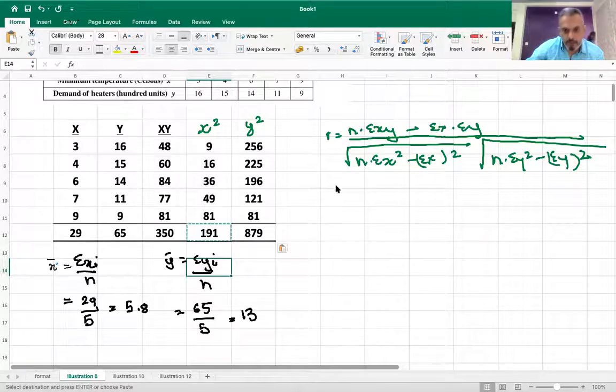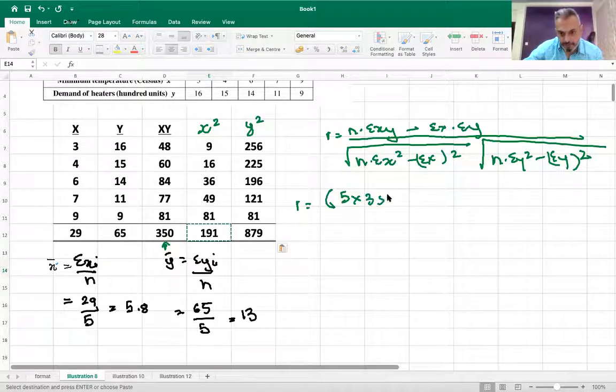Now, R is equal to N. What is N? 1, 2, 3, 4, 5. So 5 into sigma xy is 350 minus sigma x is 29 into sigma y is 13.